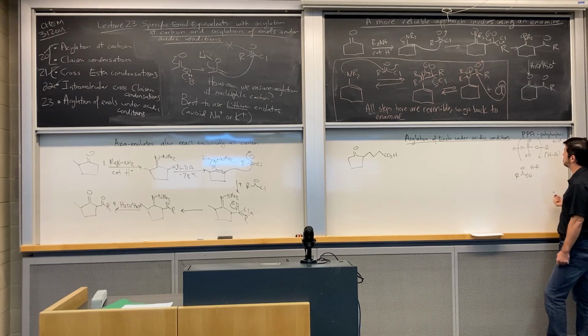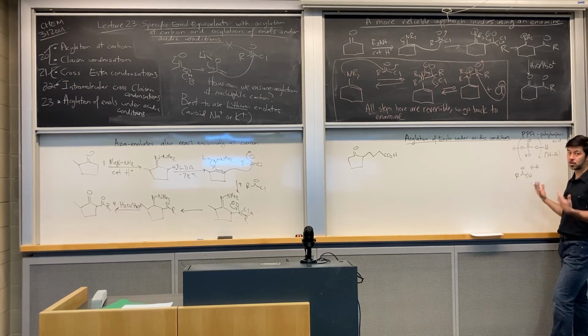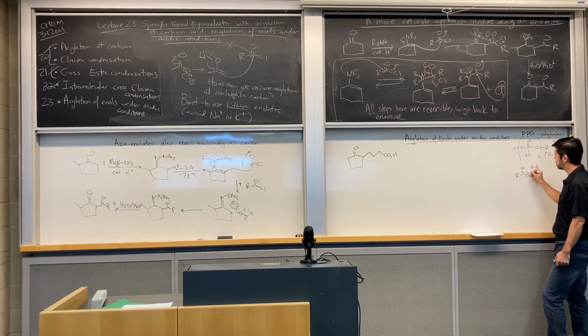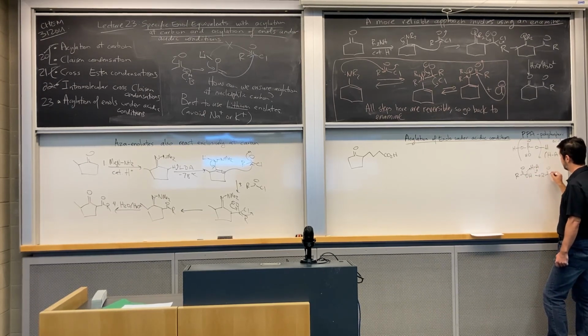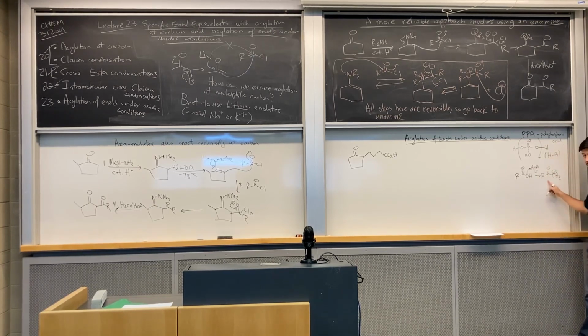And what PPA will do in the presence of a carboxylic acid is it will pass on a proton to this oxygen here to generate this compound here, which looks fairly unstable, right? Like you have an acid already, and then you add another proton to that. So this is really just going to want to lose a proton, or maybe lose water.